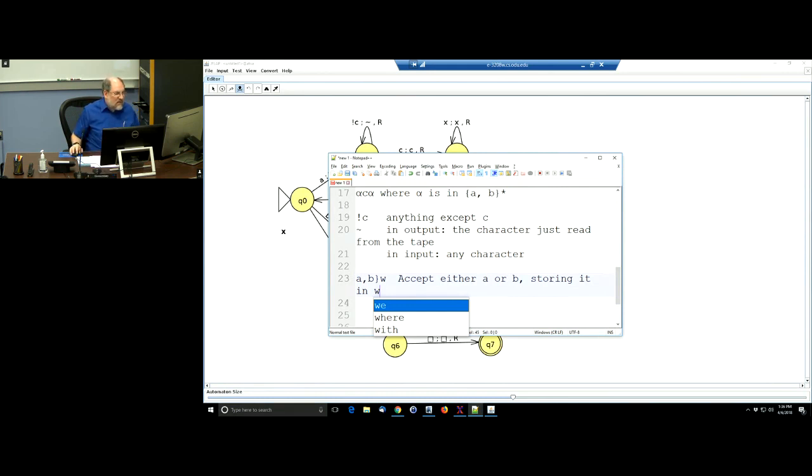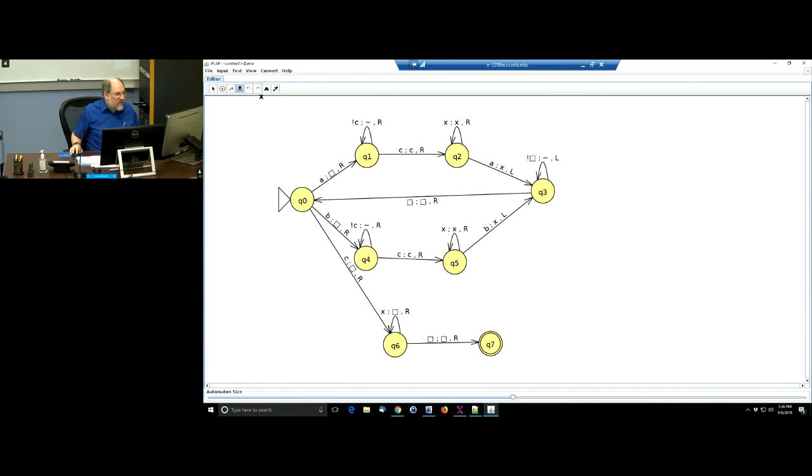And so we can do that to reduce the total number of states that we need. If I say here, accept either A or B, storing it in W, still replace it with a blank, whatever it was, and still move to the right after doing it.